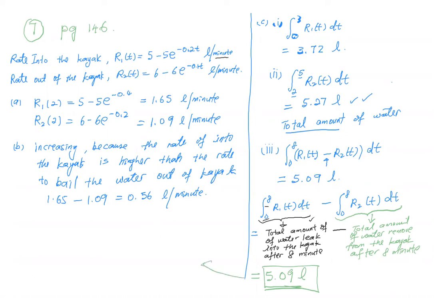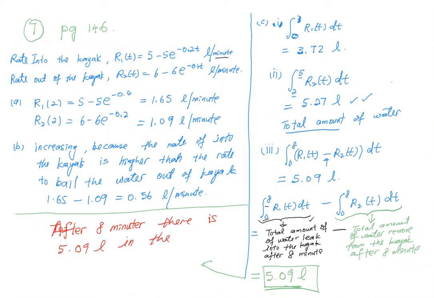So how are you going to put this in words? Someone has told me that after 8 minutes, there is 5.09 liters in the kayak. Can I say like that?